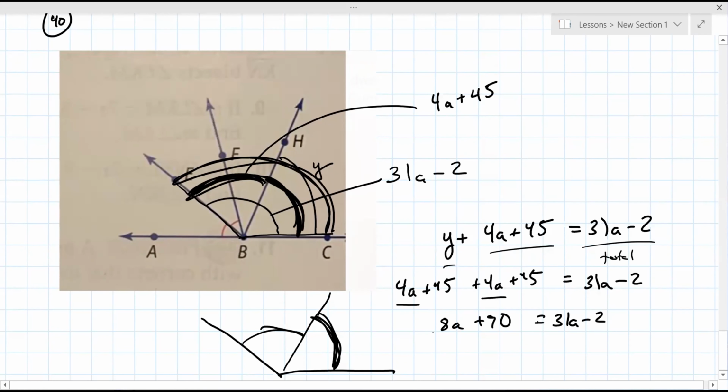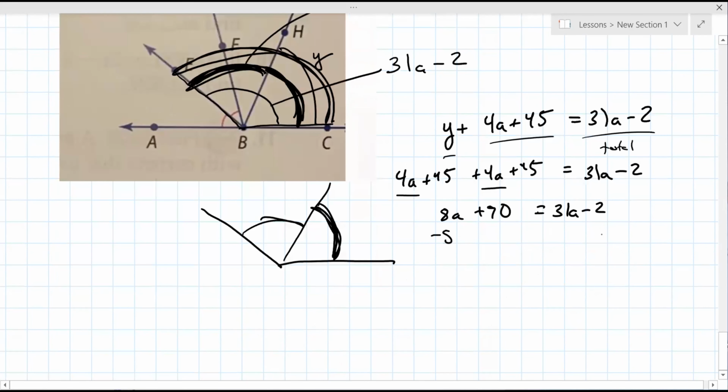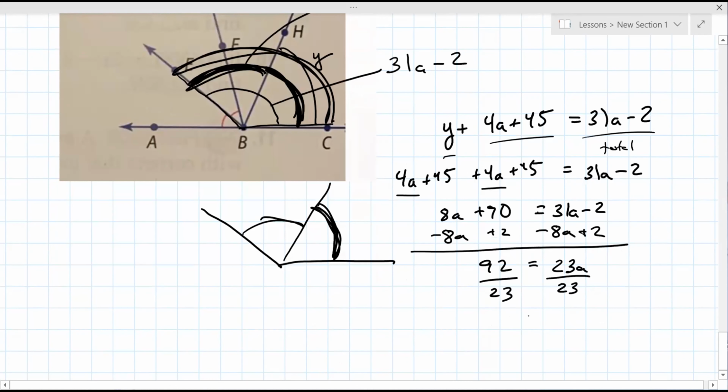Subtract 8a from both sides. Add 2 to both sides. So you end up getting 92 on the left equals 23a. When you divide by 23, you get a equals 4. But again, like the previous problem, it's not asking for the value of a, it's asking for the measure of angle HBC.